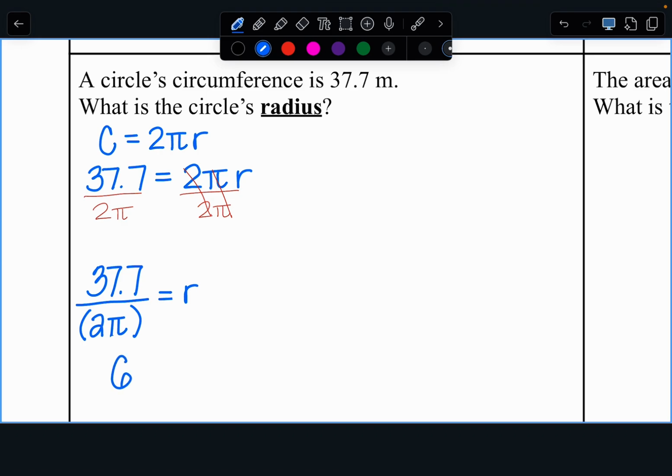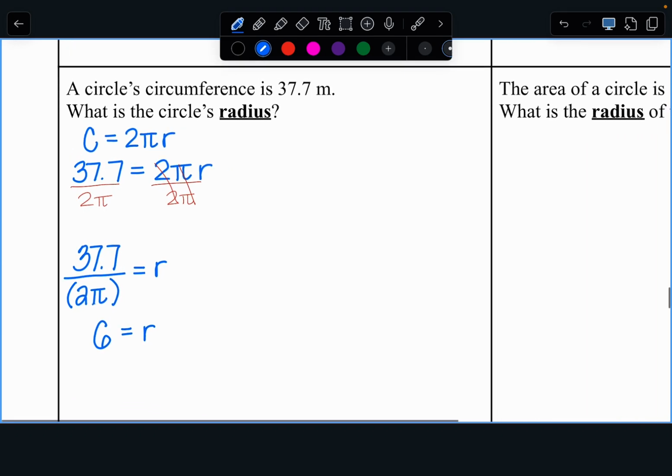So this is equal to 6. So the radius is 6 meters. Questions?